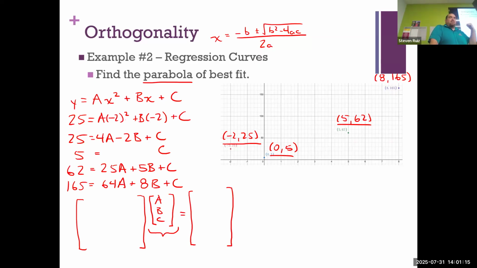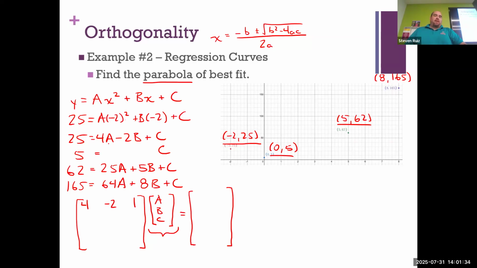What are the unknowns? What are the things we want to solve for? If I'm going to multiply the matrix on the left by that column ABC, then what does a row look like? 4, negative 2, 1. How'd you get those numbers? Right.